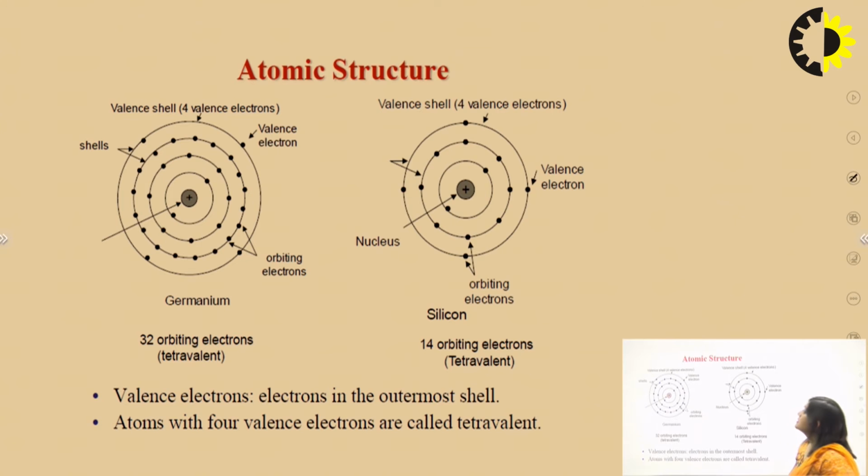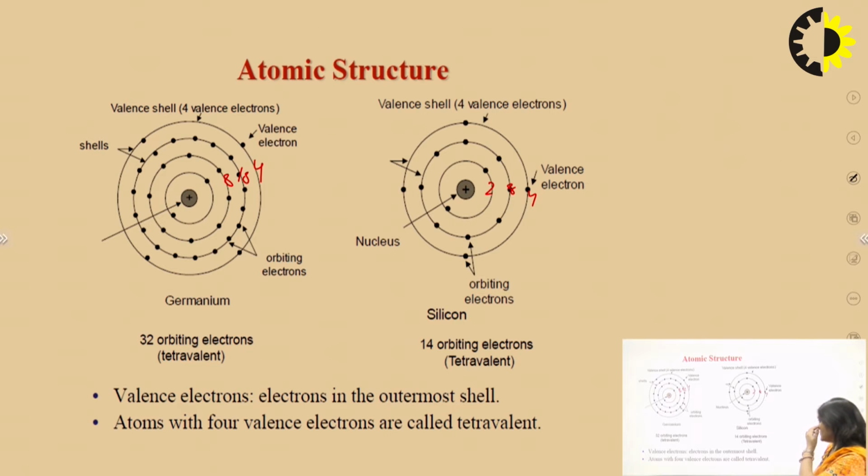This is the atomic structure of germanium and silicon, which I have already explained in the last slides. The first orbit contains 2 electrons, after that 8, then 18, and then 4. Here also it is 2, 8, and 4.